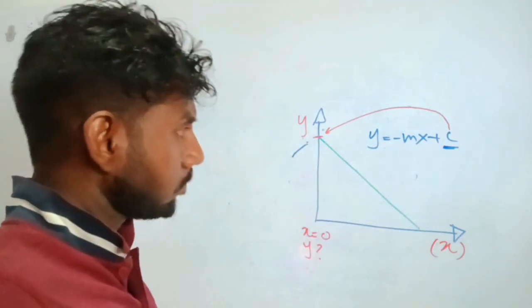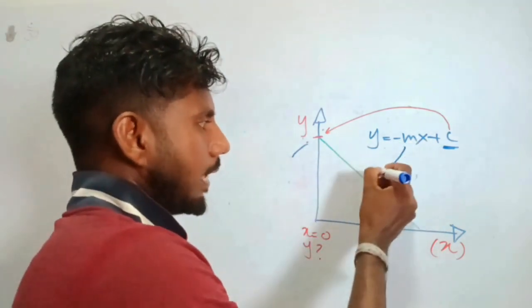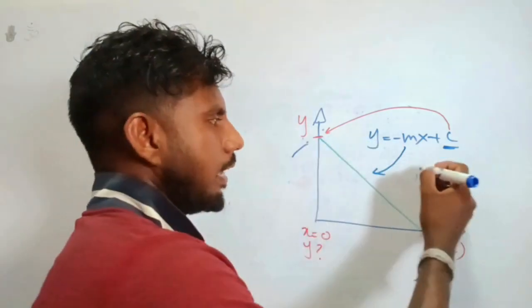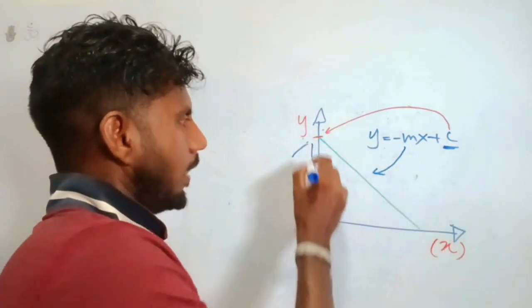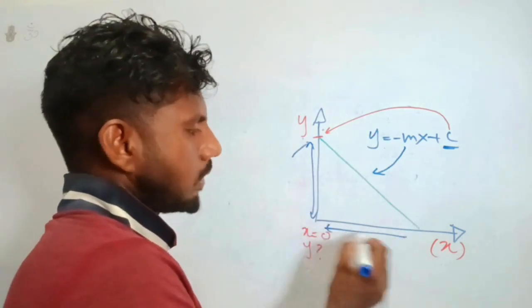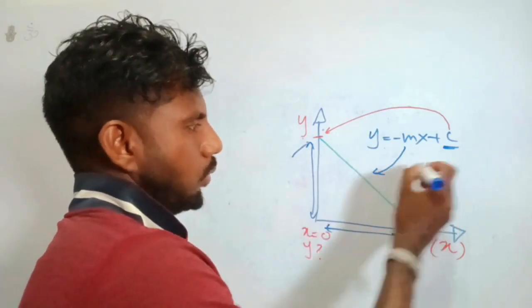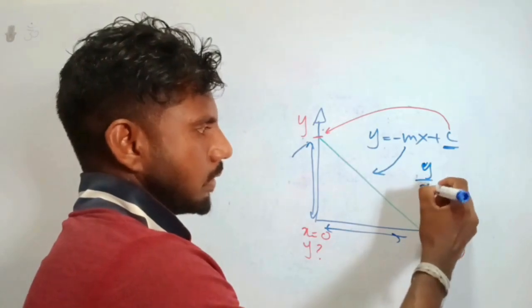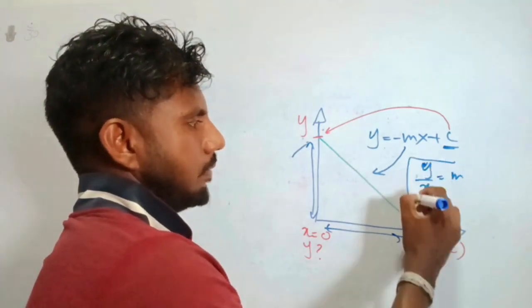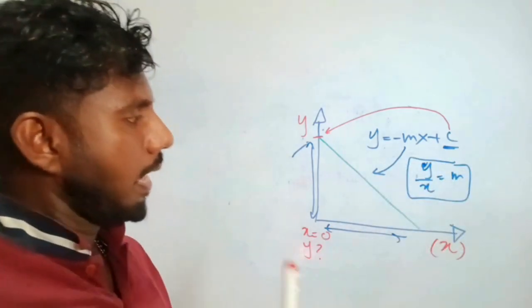Again, then the gradient, so it's negative gradient. Basically we find the gradient by dividing the y difference by the x difference, right? So y divided by x is basically the gradient, right? You should know these things, right?